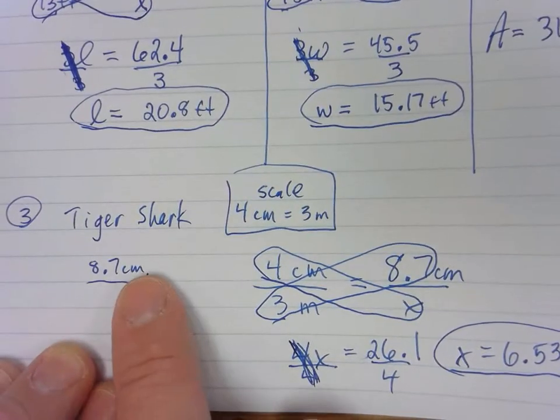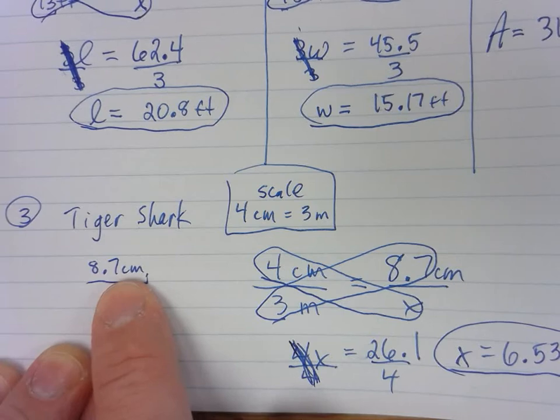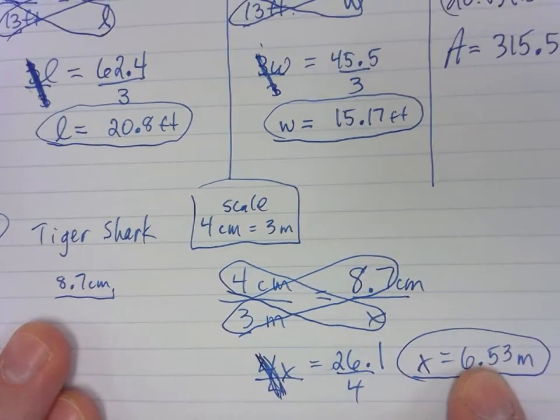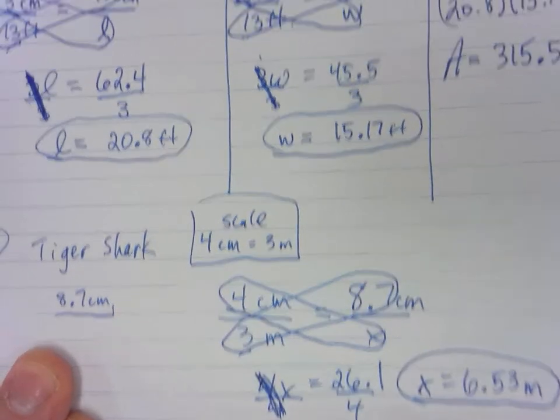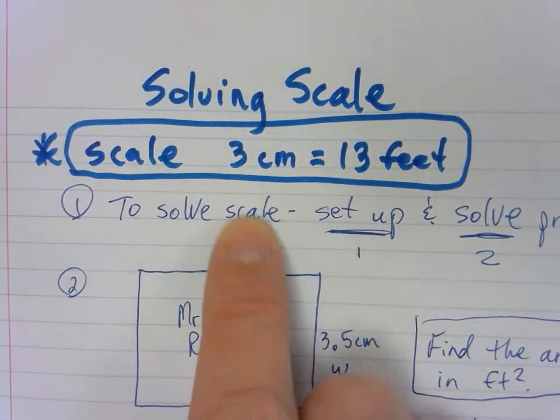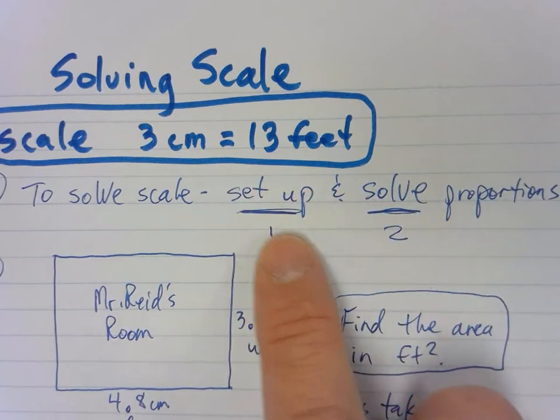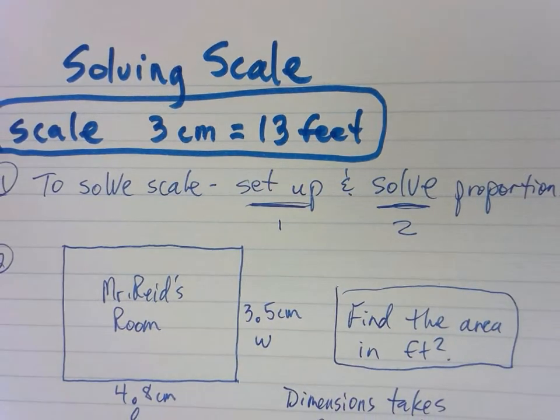If it's like one of these tiger shark questions, you're just going to have to do one and take the measurement that you get on your ruler and transfer it over into how long it really is in the real world, which would be that. So remember, this is the key right here. Find that and then set up and solve proportions. Might have to do one, might have to do two, just depends on the kind of question.